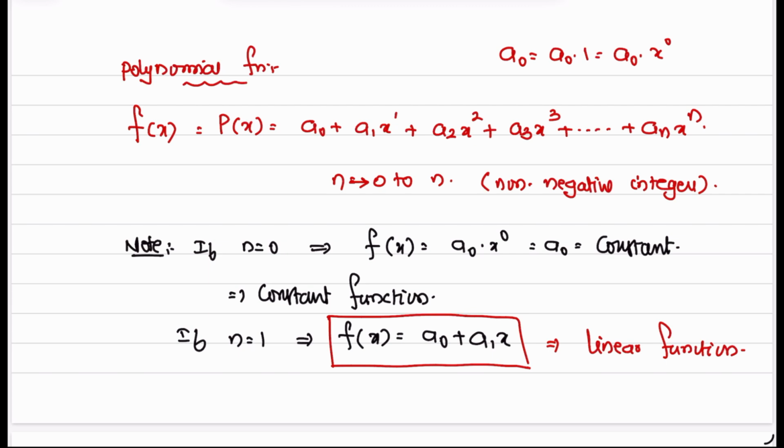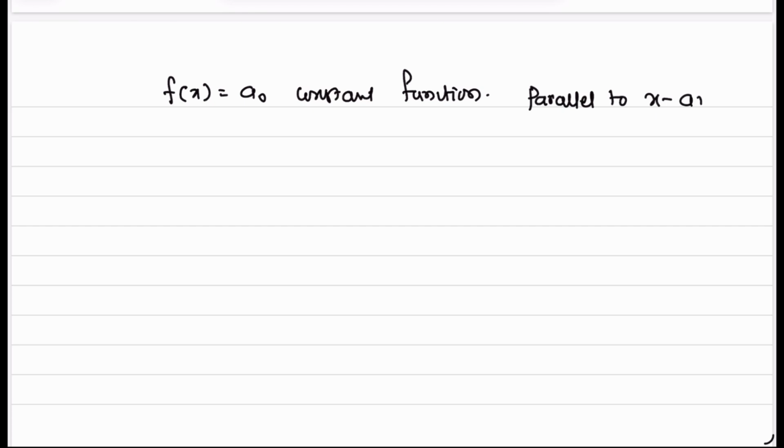It is a straight line. f(x) is equal to a0 is a constant function, parallel to the x-axis. For any value of x, f(x) is constant.